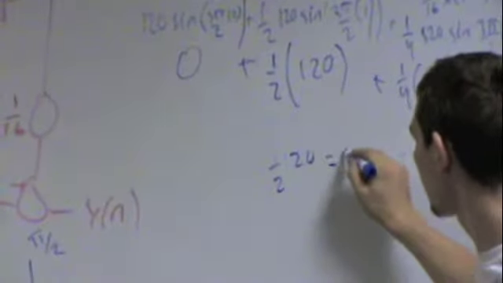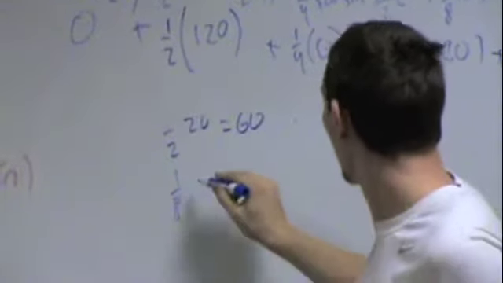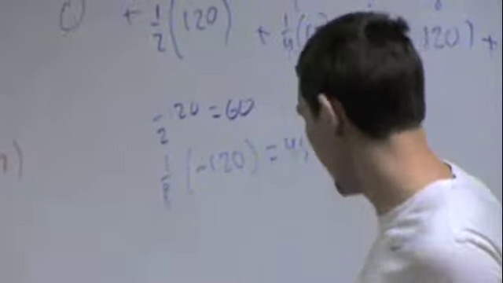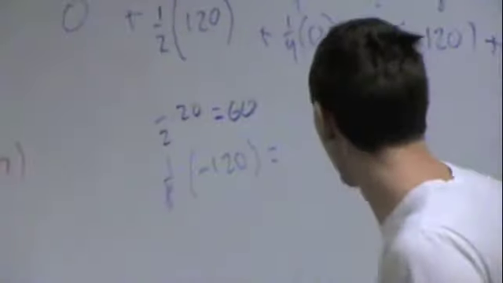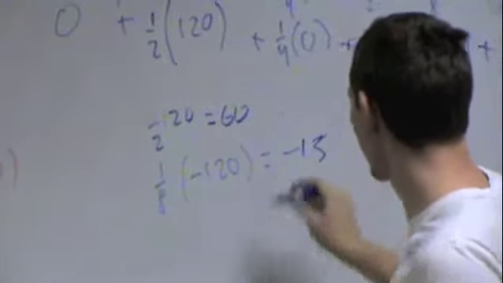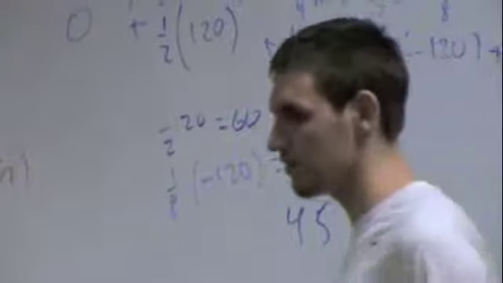So when we add these together, we have 1/2 of 120 equals 60, and 1/8 times negative 120 equals 15. Can't do math. So then we add those together, we get 45, which should be the right answer, in theory.